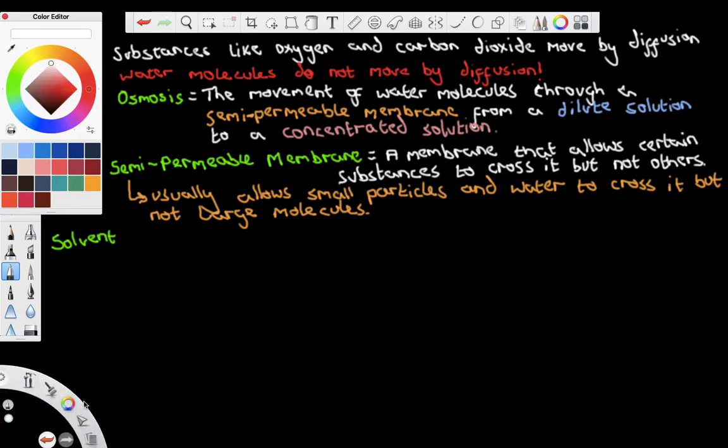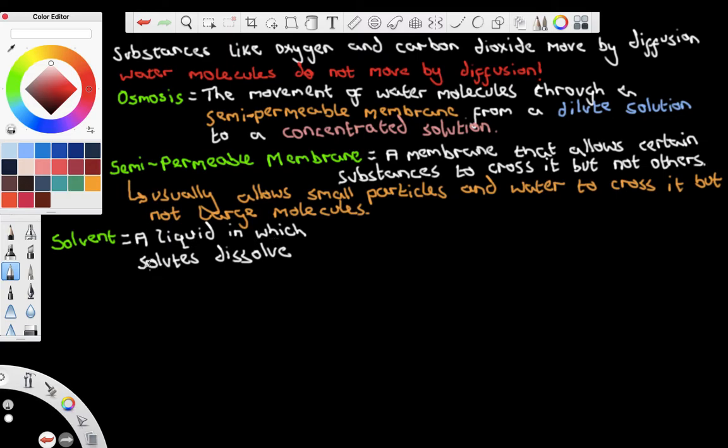A solvent can be defined as a liquid in which solutes dissolve. So a solvent is a liquid in which solutes dissolve.